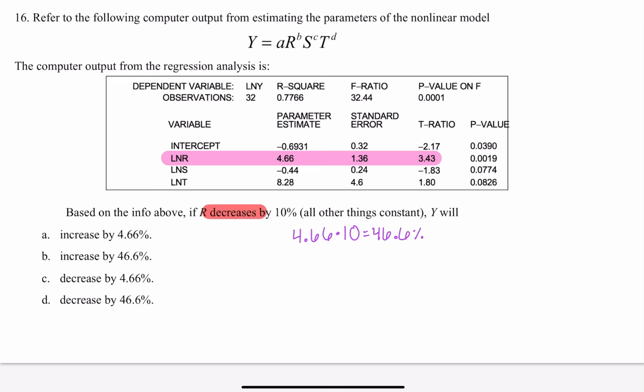It says decreases by 10%, so this is a negative 10, and our results will decrease by 46.6%.